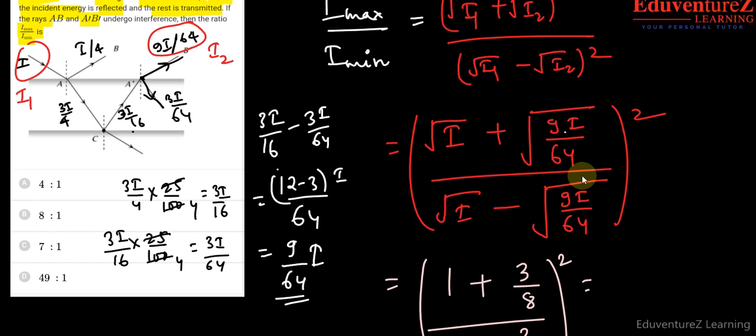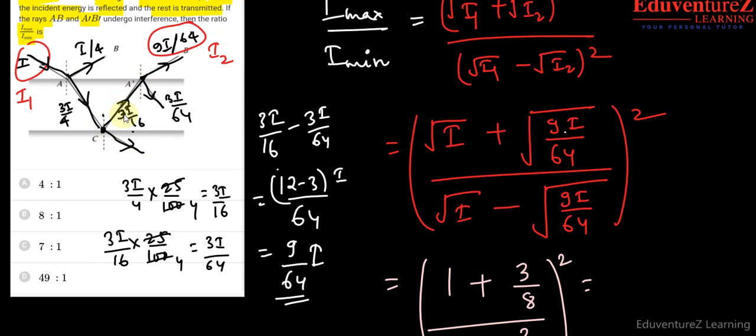And the rays AB and A'B' go into interference, so we have to write the values of I1 and I2. This ray I1 goes here and after that this is reflected, this is refracted. Again it reaches the point, one refracted, other reflected.